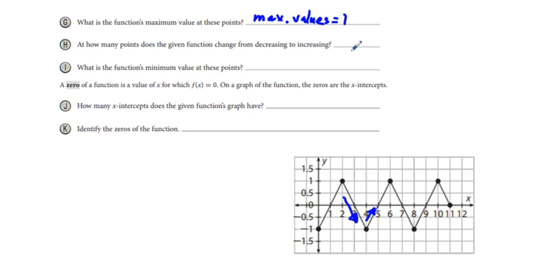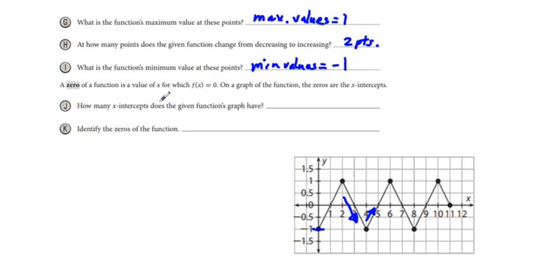So we say 2. And similarly, what is the function's minimum value at these points? Okay, minimum values are going to be equal to y equals negative 1.